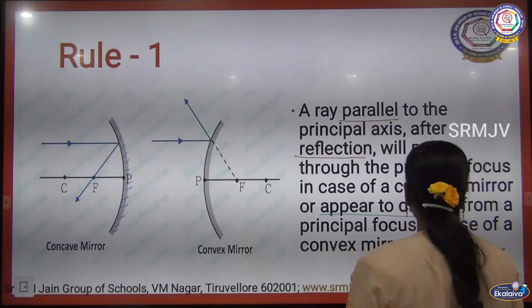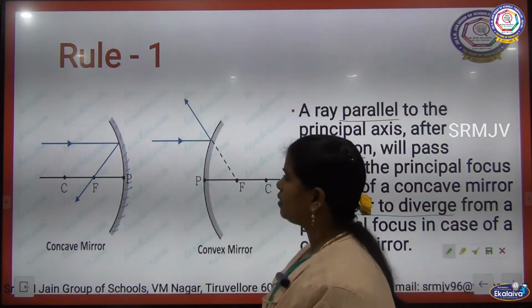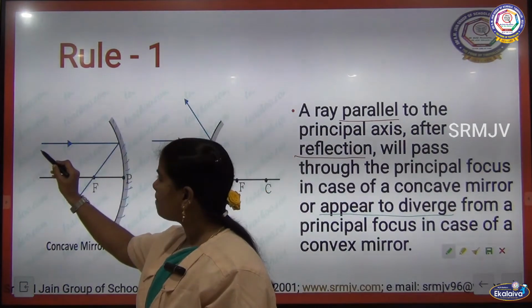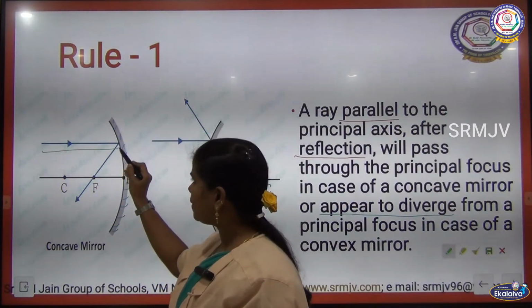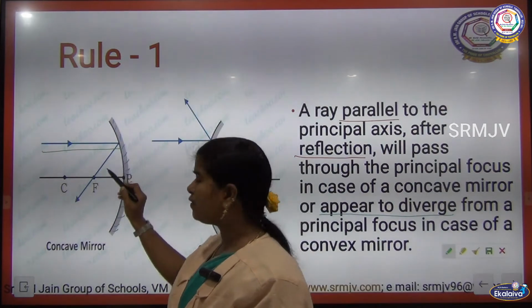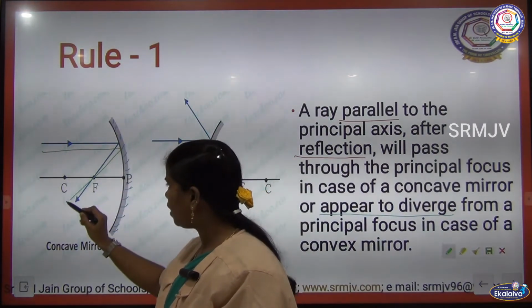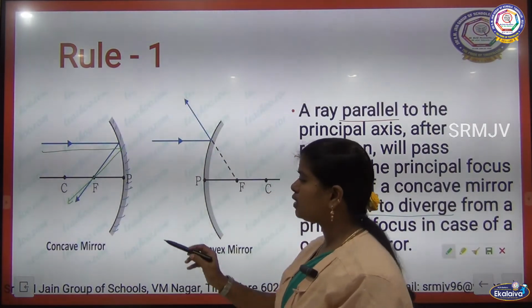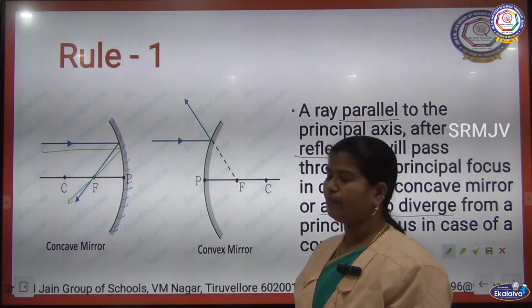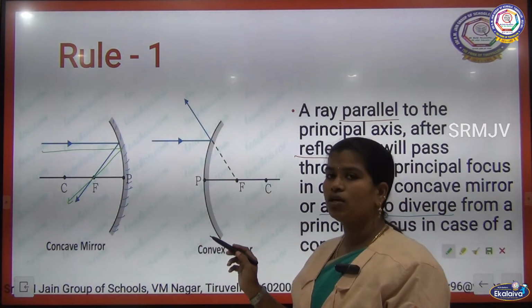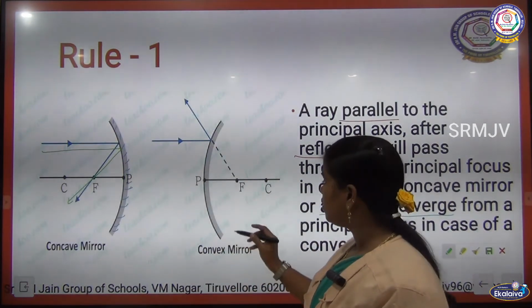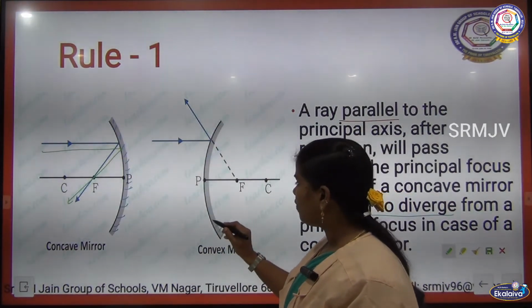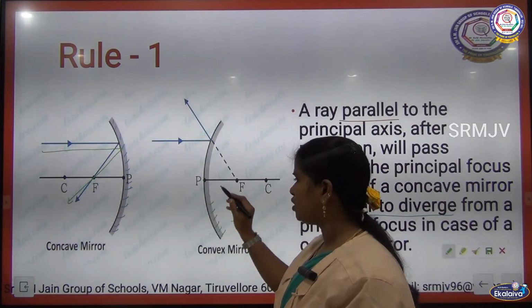So the rule 1 states that if the ray is parallel to the principal axis, after reflection it will pass through the focus. This is rule 1. Okay, this is in case of concave mirror. Suppose if it is a convex mirror, we know that convex mirror is a diverging mirror.